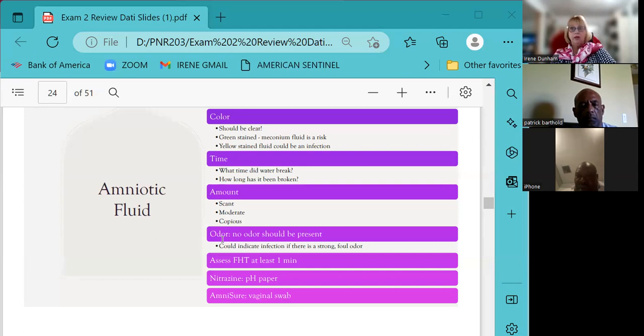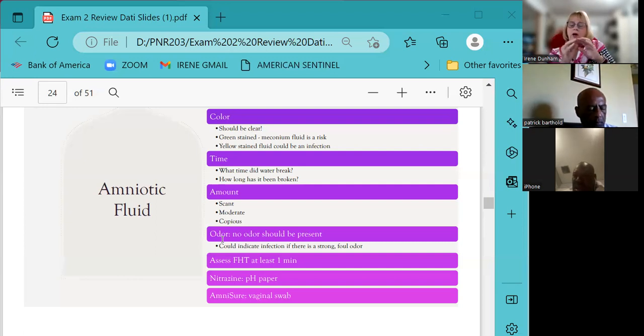If it's really, really thick meconium, we can actually do an amnio infusion, where we take a bottle of sterile normal saline and hook it to an IUPC, which is an intrauterine pressure catheter, which goes right inside the uterus, and we can put fluid in there. What we're doing is diluting the meconium, okay? Because meconium is never good. So we can dilute it a little bit, be better for the baby.